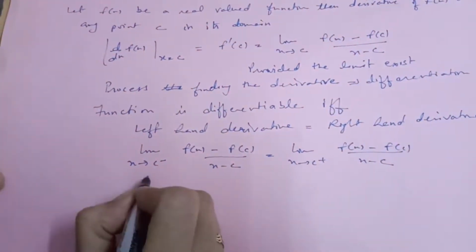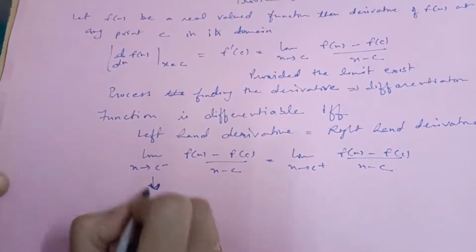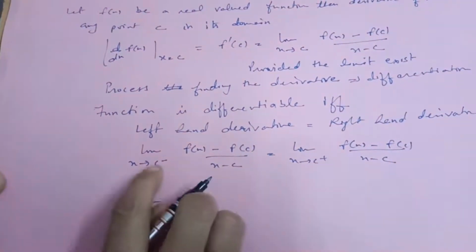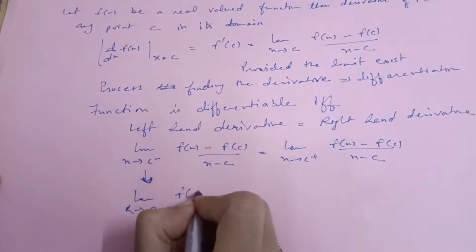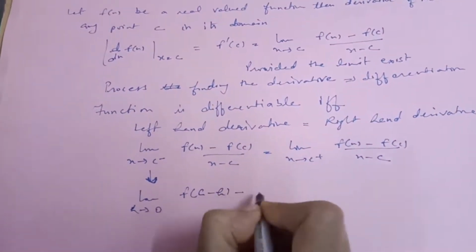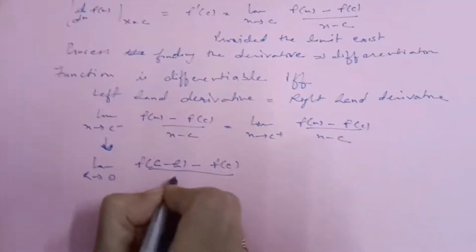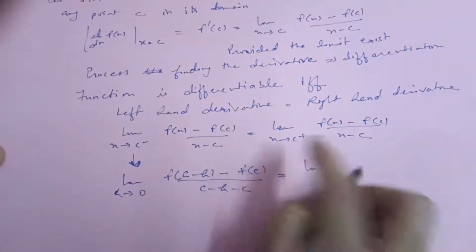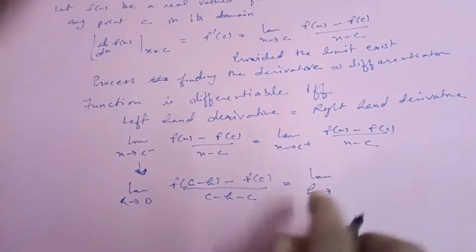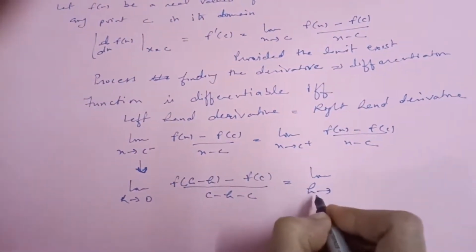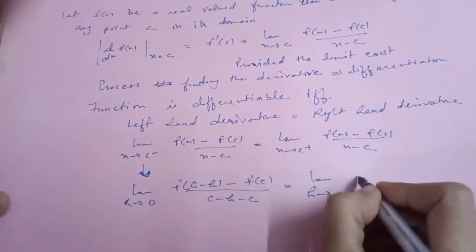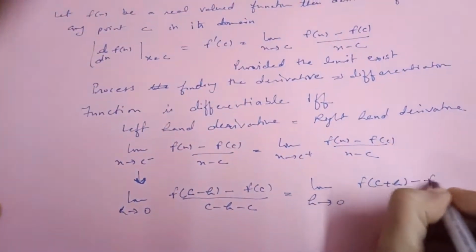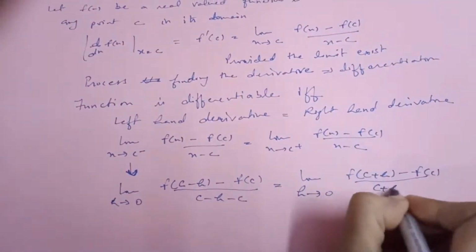As in continuity, I can write it with h tends to 0. For c minus, I write c minus h: f(c minus h) minus f(c) by c minus h minus c, must be equal to the right hand derivative, where instead of x I write c plus h: f(c plus h) minus f(c) by c plus h minus c.